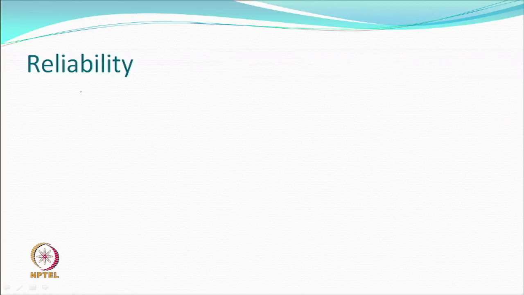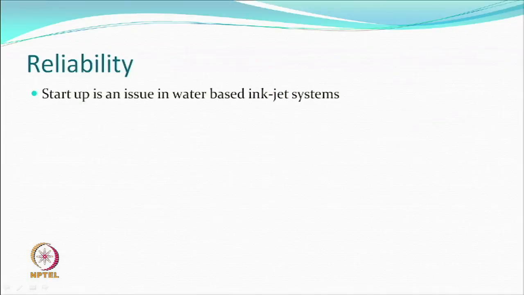So, all that has something to do with the surface tension. So, this is what in some sense determines the reliability of printing or jetting. So, startup, which is that you start the machine and everything should come to the fore, would also depend on this. Water based inks generally have this issue, and so reliability has to be increased.